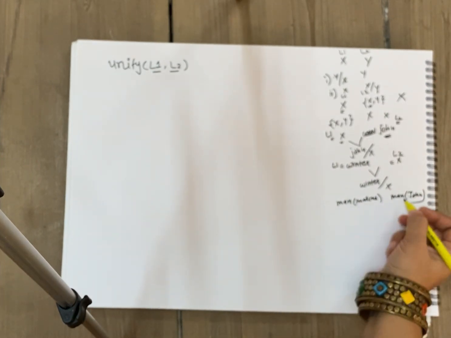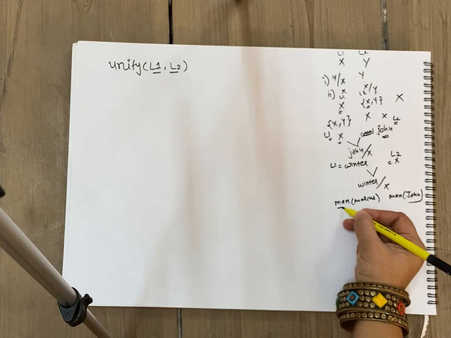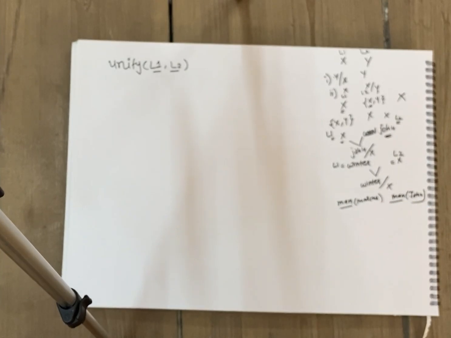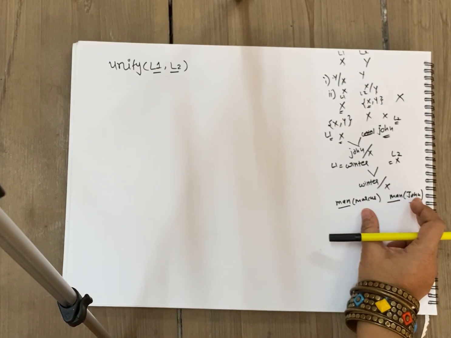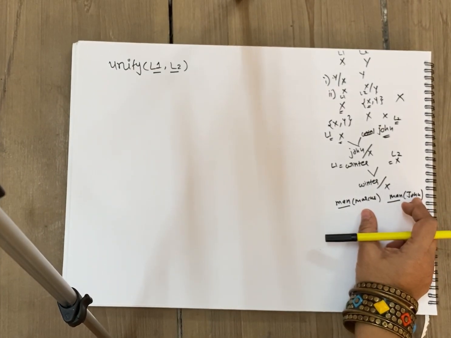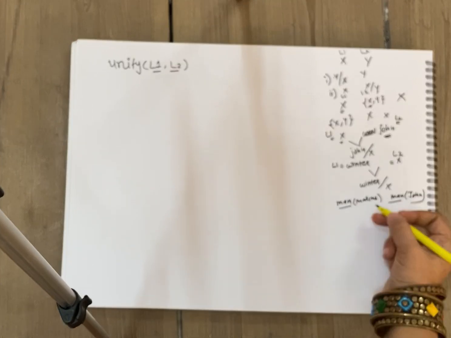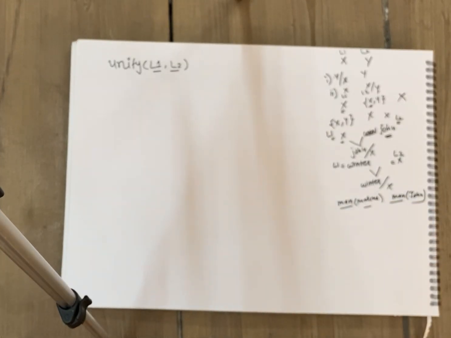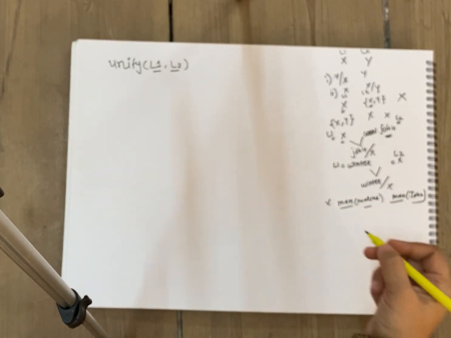Whenever you have predicates, you have to compare the name of the predicate first of all. The name of the predicate is the same over here. Then we count whether the total number of arguments is the same. Yes, the total number of arguments is also the same. But if you observe the arguments, they are atomic values and both values are different, and hence fail will be returned. Here it is not possible to unify them.